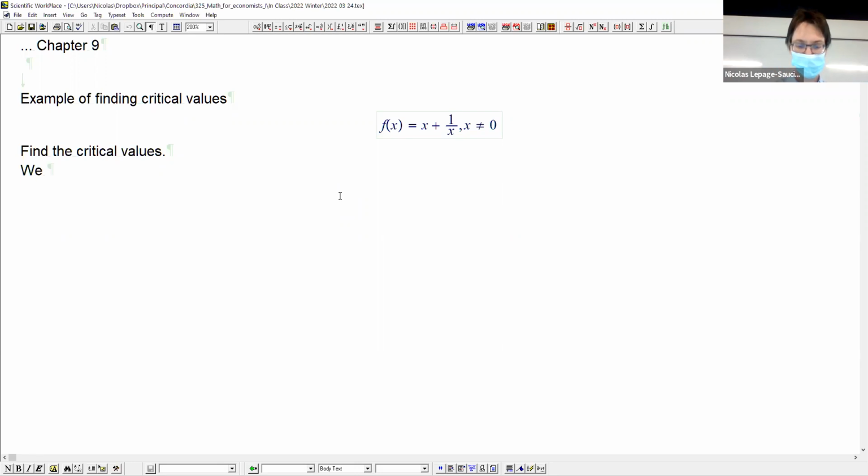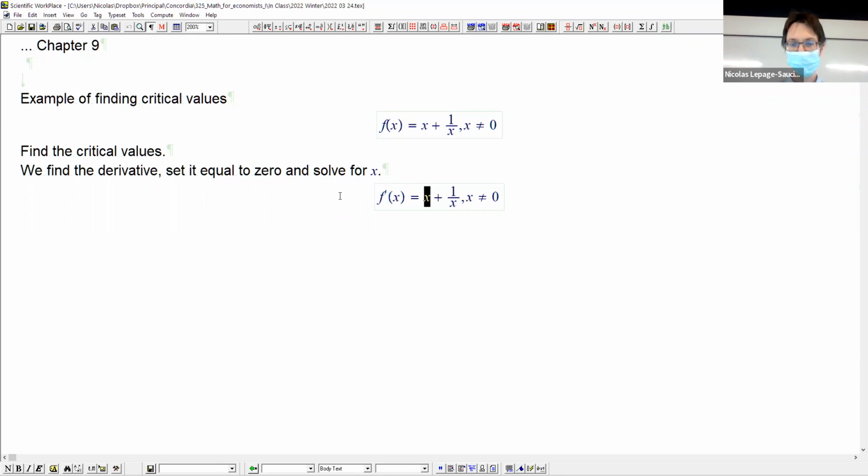So find the derivative, set it equal to 0 and solve for x. Let's just do that. f prime of x equals 1 minus 1 over x squared.